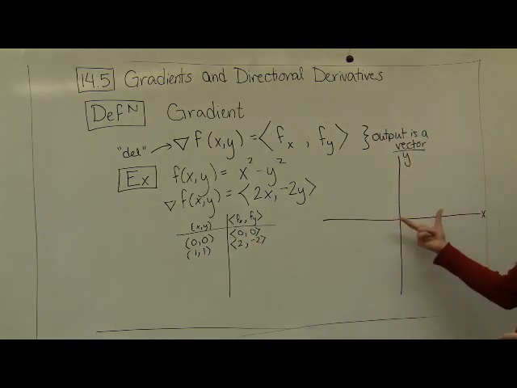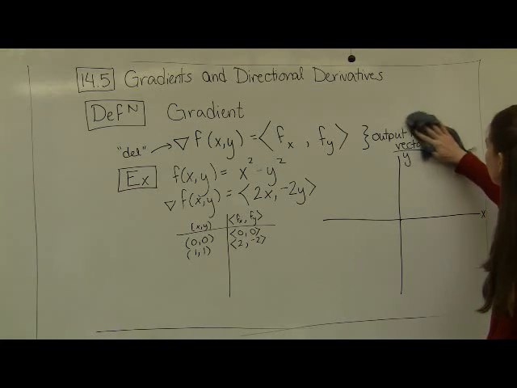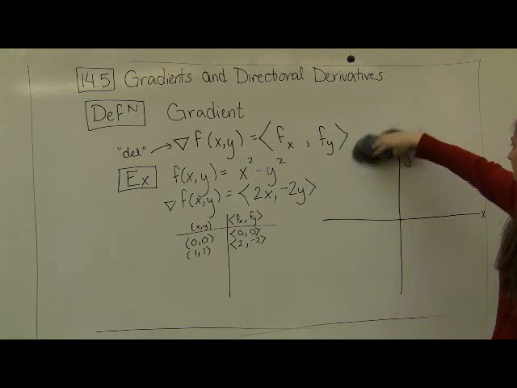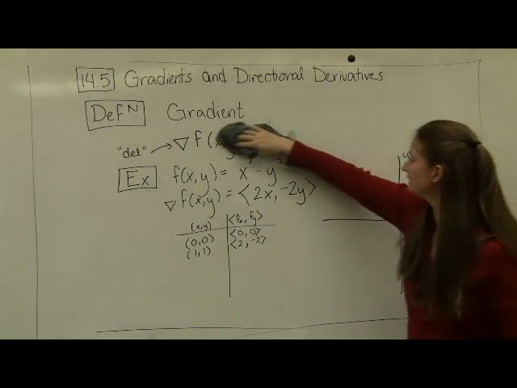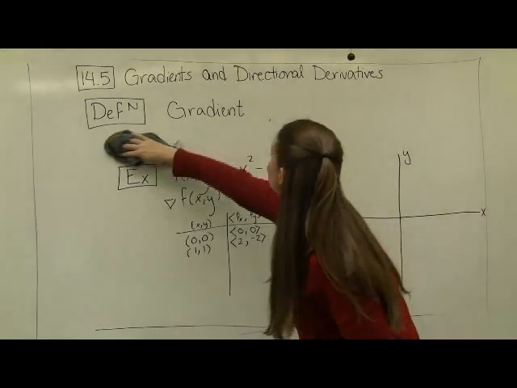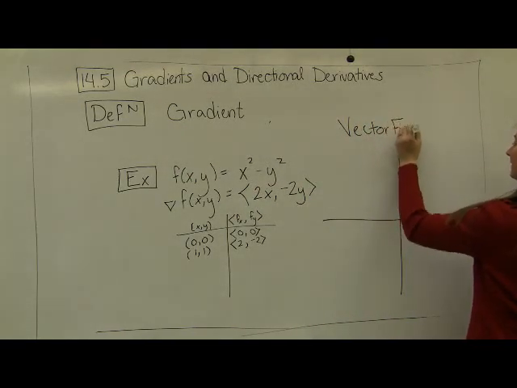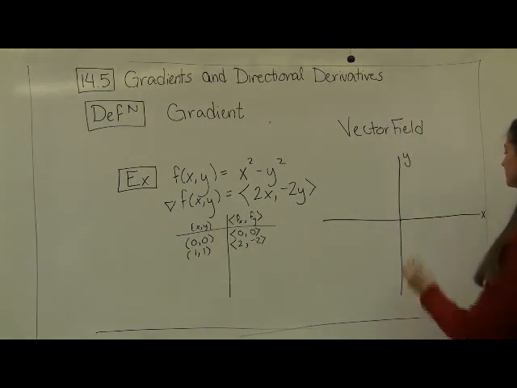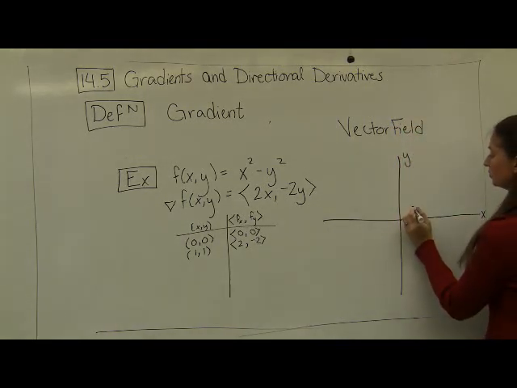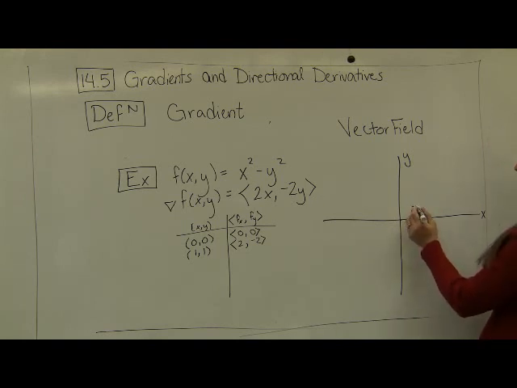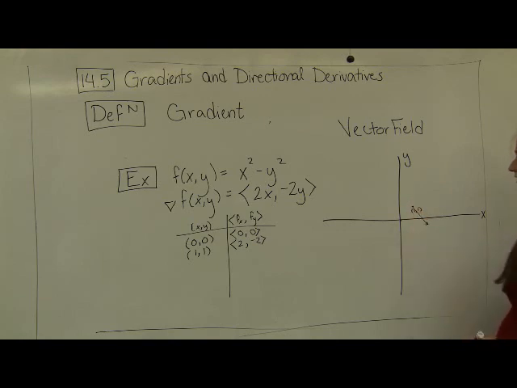And the way that I would plot this on my vector field, I'll even label it as a vector field, is by having the base of my vector start at the point 1, 1. This was my input value into the function. And then the output value is going to be a vector emanating from 1, 1 that goes 2 in the x direction and negative 2 in the y direction. So it's a vector that looks like this.